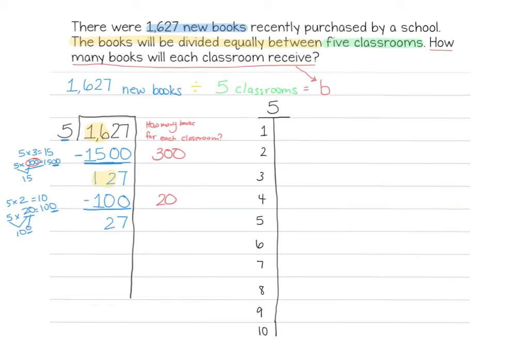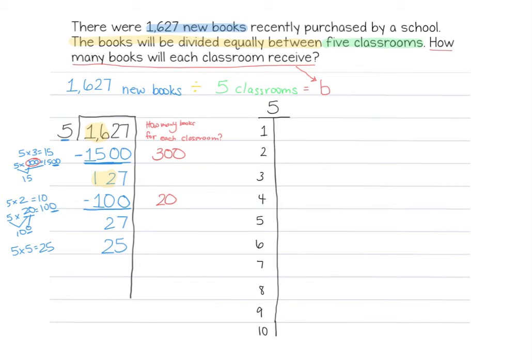So we have to choose the smaller number because we can't take away 30 from 27. So we're going to say, okay, 25 is definitely closer. I know that 5 times 5 is 25. And because there's no 0 in a smaller place, we know that has to be the correct answer.